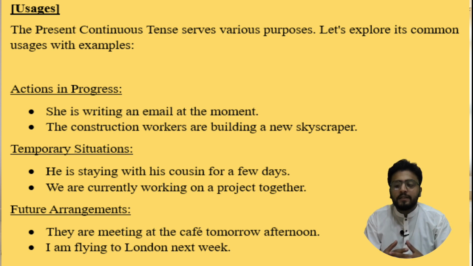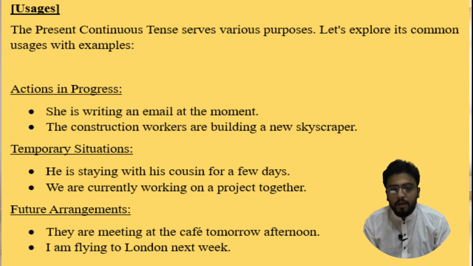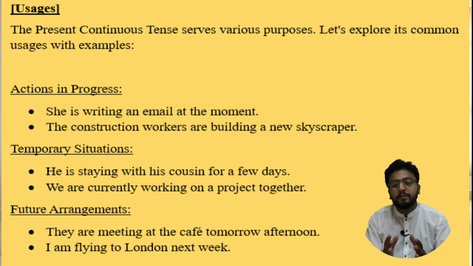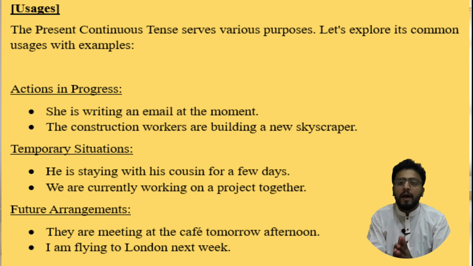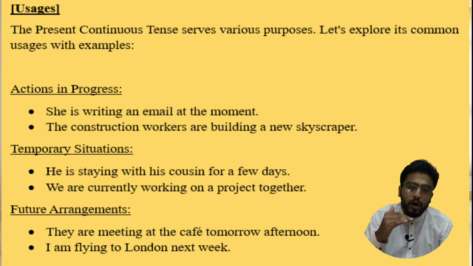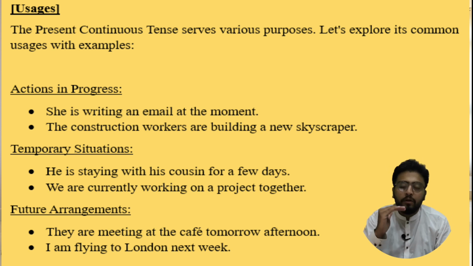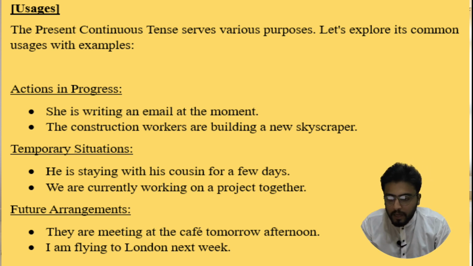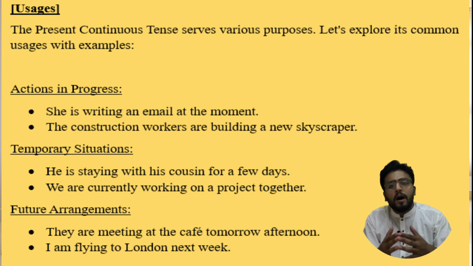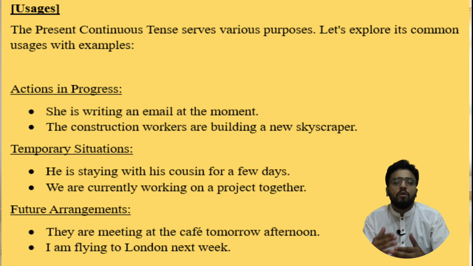They are meeting at the cafe tomorrow afternoon. Present continuous tense has this power to reflect our near future, that they are going to meet or they are meeting at the cafe tomorrow afternoon.